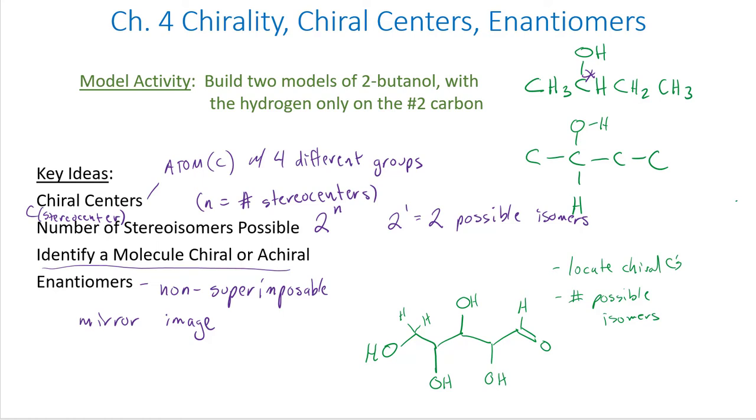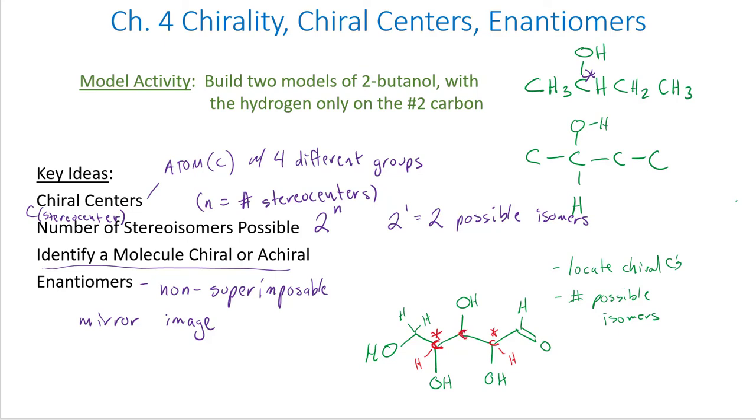However, we'll see that this carbon has a hydrogen, an OH, it has a CH2OH, and then it has a CH and the rest of the molecule here. So that's 4 different groups. This carbon likewise has the aldehyde, or C double bond O with a hydrogen. It has an OH, it has a hydrogen, and then it has the rest of the molecule.